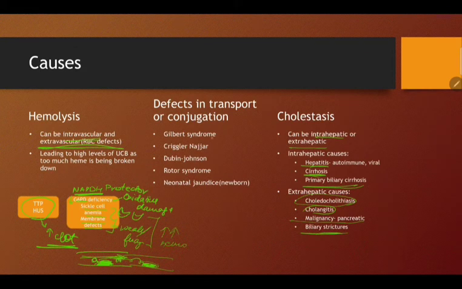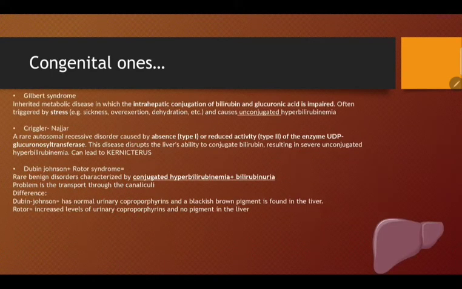And then let's move on to defects in transport or conjugation. The main ones we're going to talk about are Gilbert syndrome, Crigler-Najjar, Dubin-Johnson, and Rotor syndrome. So Gilbert syndrome is inherited. All of them are inherited. This is again an autosomal recessive disease, in which there's an impairment of intrahepatic conjugation of the bilirubin and glucuronic acid.